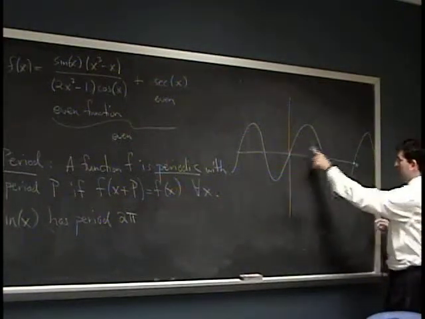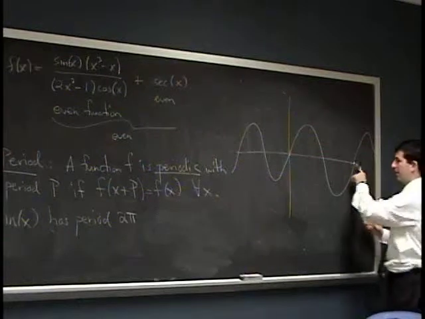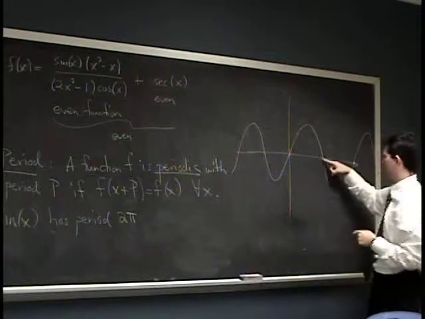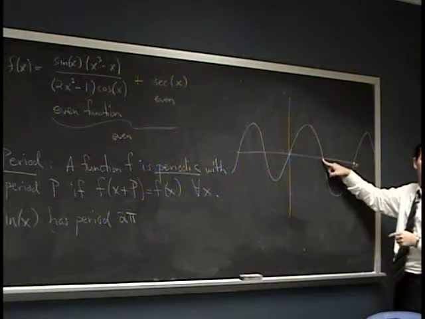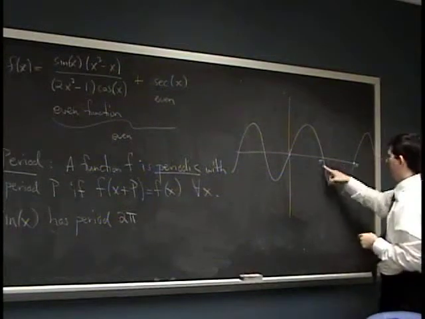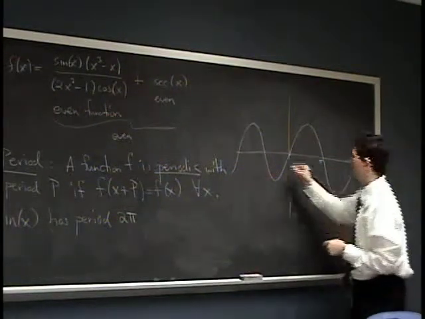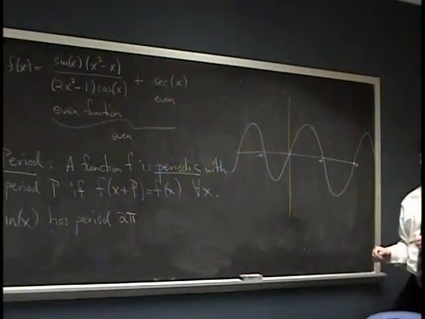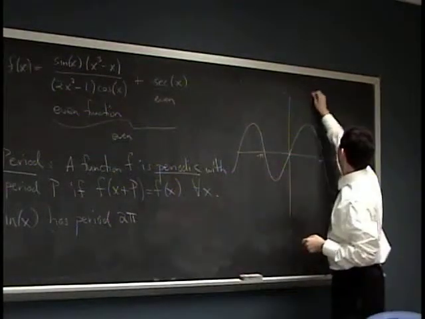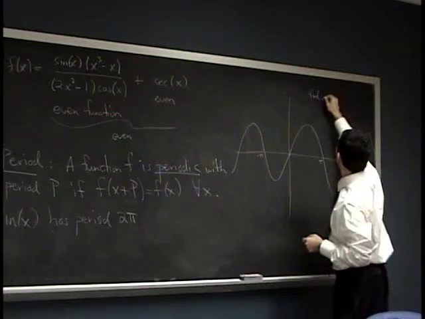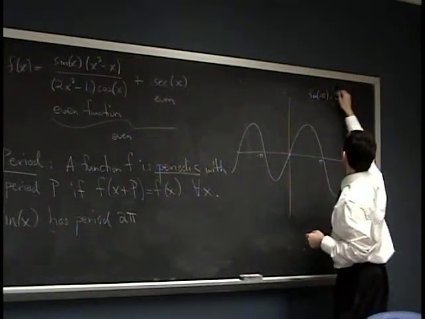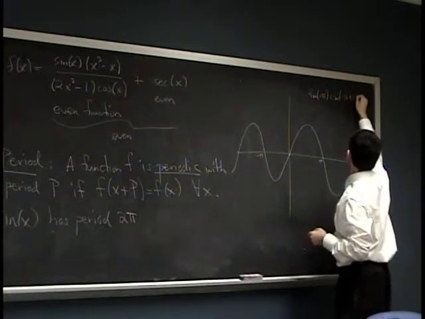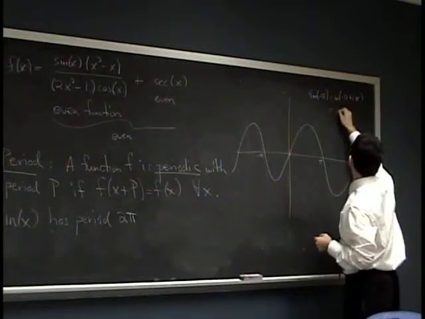f of 0 is the same as f of 2 pi. This right over here, what number is that? Pi. f of pi is the same as, well, f of minus pi. Right? Sine of minus pi equals sine of minus pi plus 2 pi equals sine of pi.